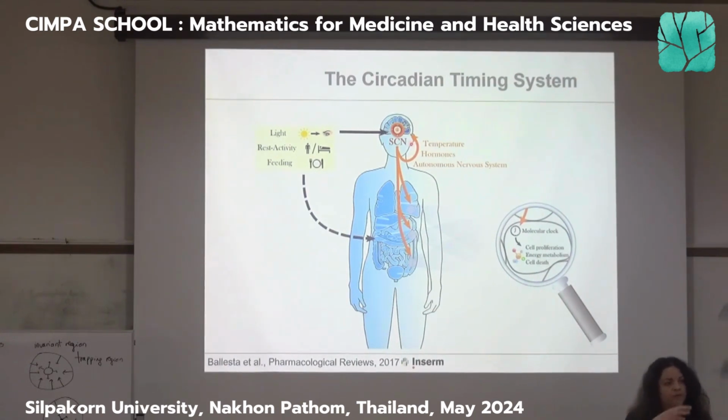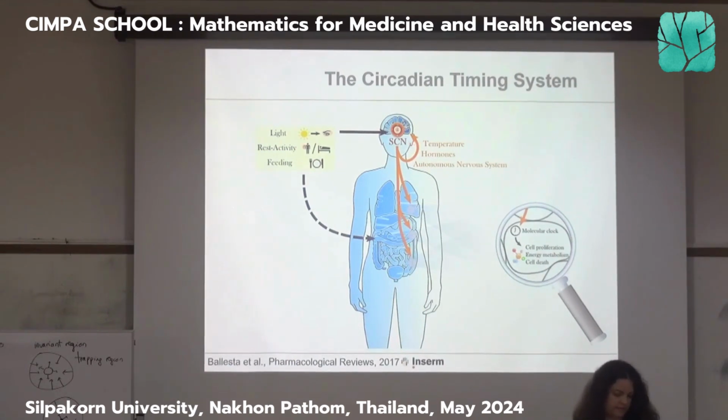So everybody has a different period, and it actually tells you whether you are a morning person or an evening person. So if you have a period that is shorter than 24 hours, you are a morning person, and if your period is longer than 24 hours, you are an evening person.